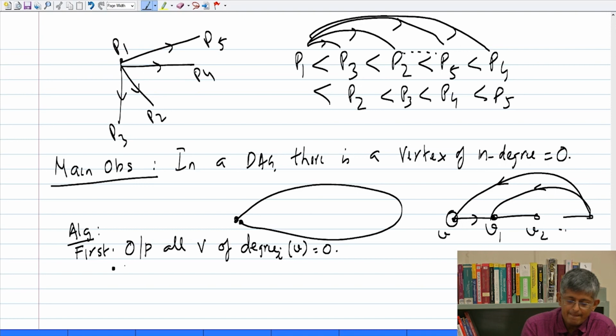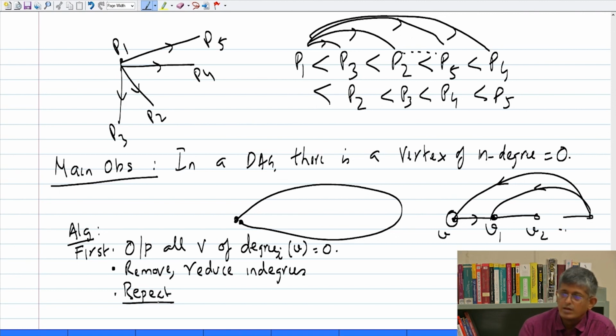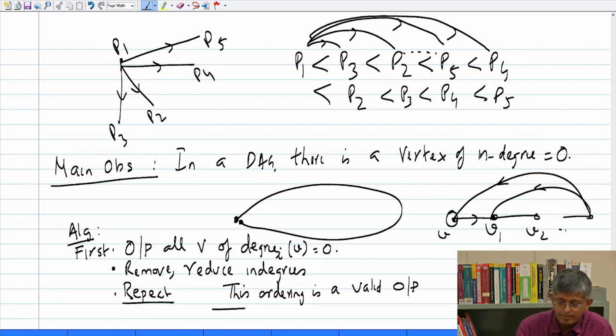Then remove them. Reduce degrees. Repeat. Okay. So this ordering is a valid output.